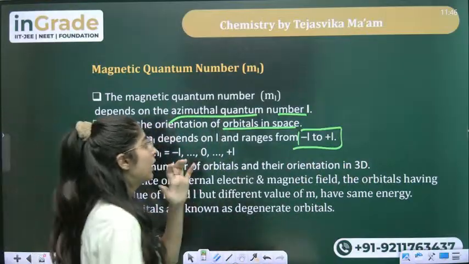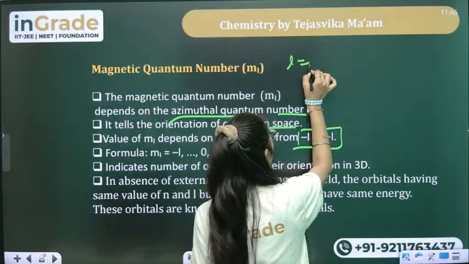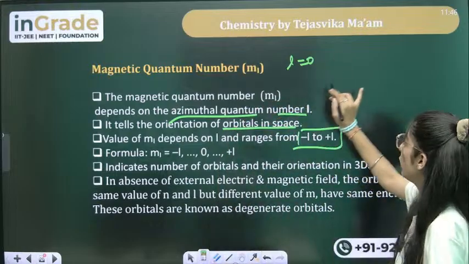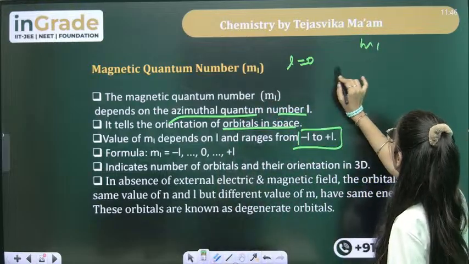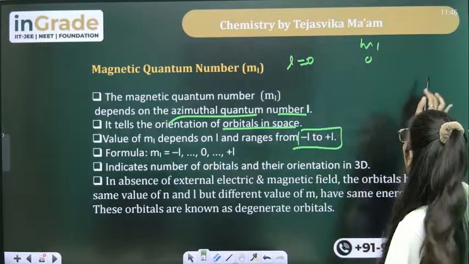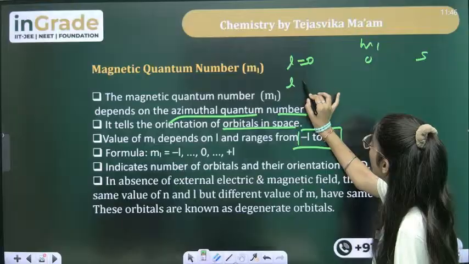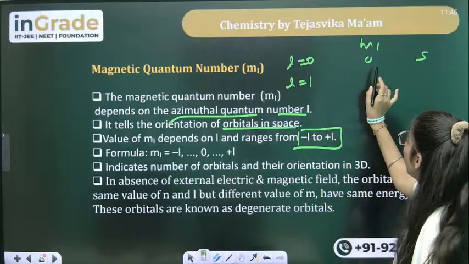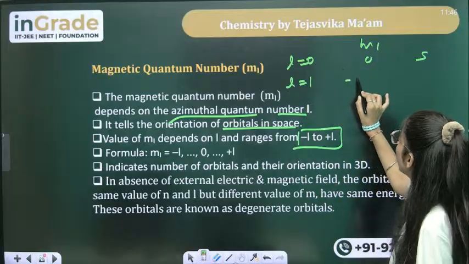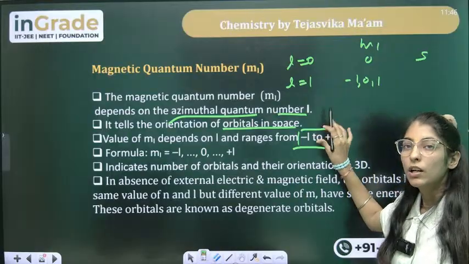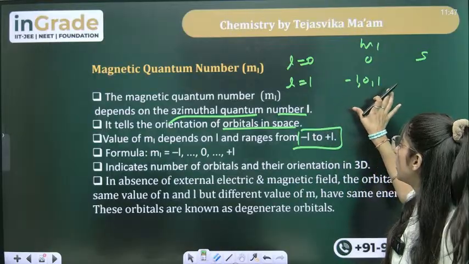Let's say if the value of l is 0, then ml will simply be 0, and it represents your s subshell. And if the value of l is 1, then the value of ml will be minus 1, 0 and 1.